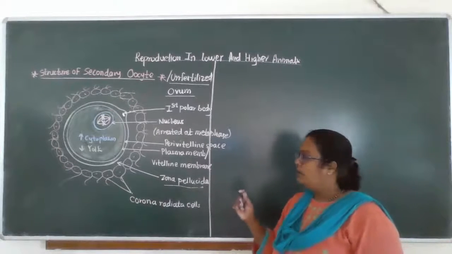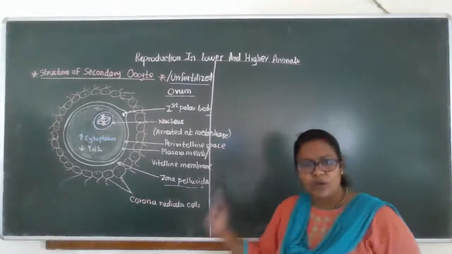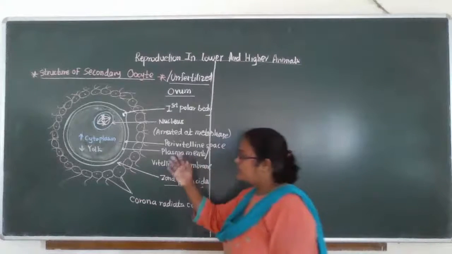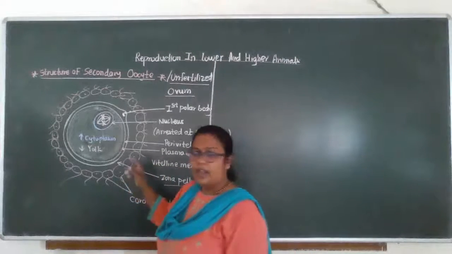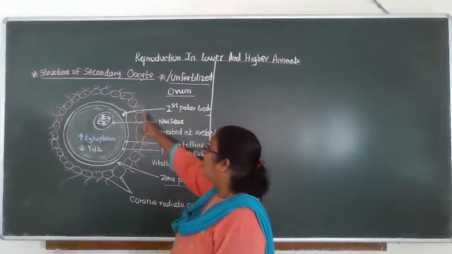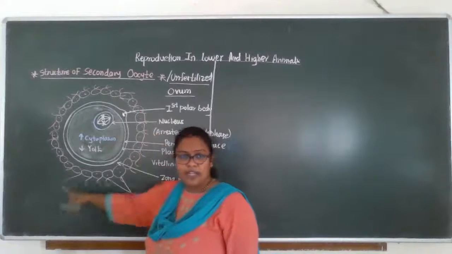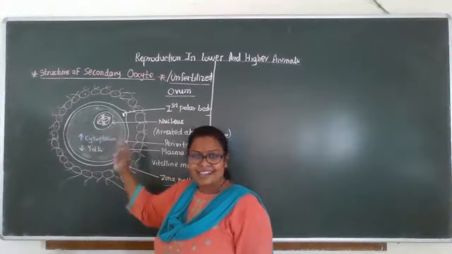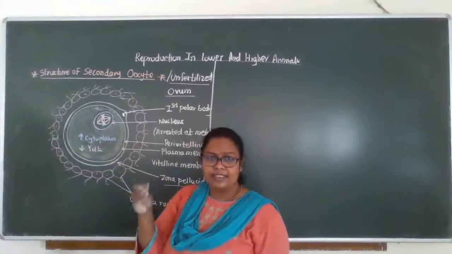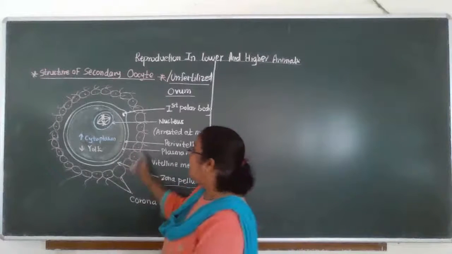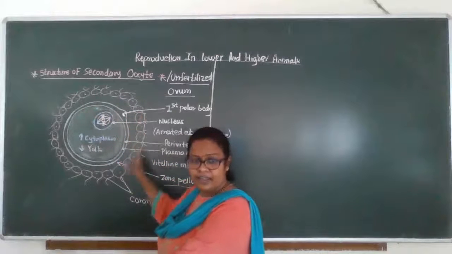It is a non-motile cell. It is surrounded by an outermost layer called the corona radiata. The cells are radiating out, so it is named the corona radiata layer.